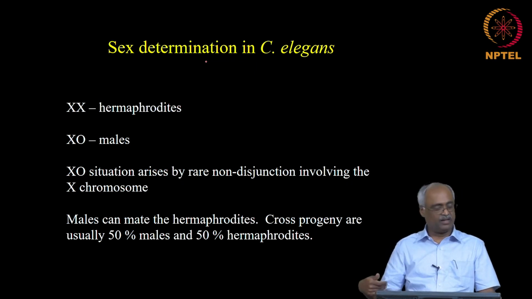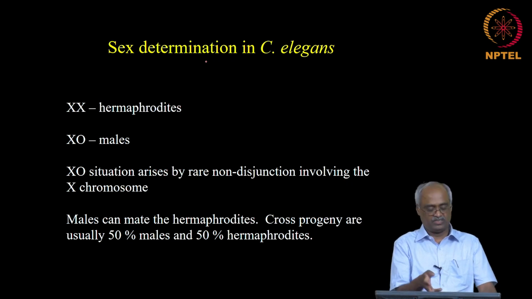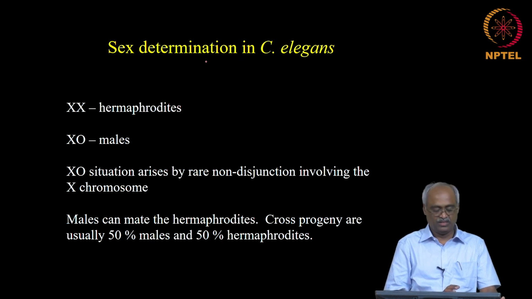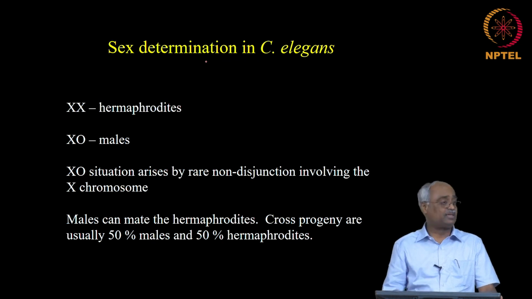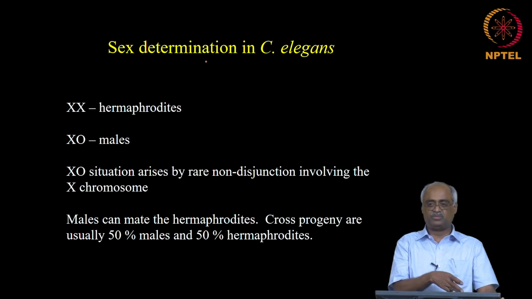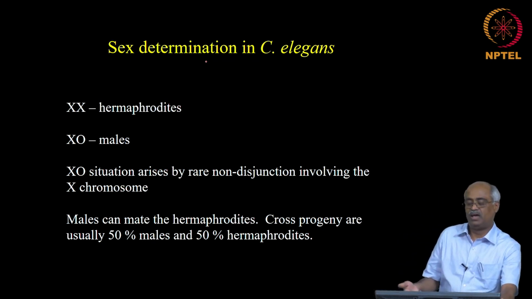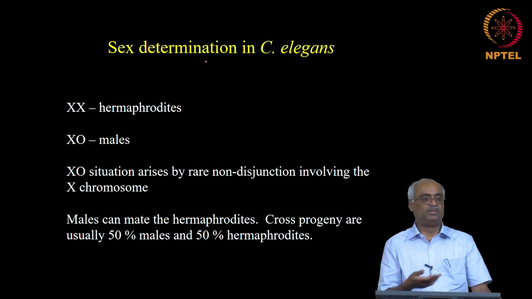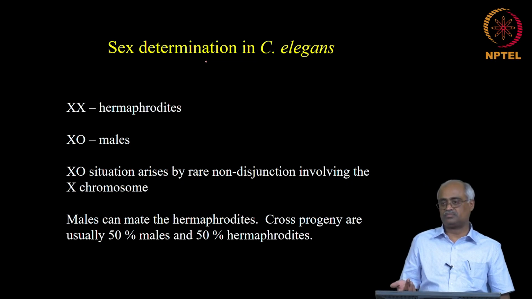After meiosis 2, the gamete you get will not have the X chromosome if non-disjunction happened with the X chromosome. If that gamete fuses with a normal gamete having one X chromosome, you get the X0 situation, and those zygotes will eventually end up becoming males.